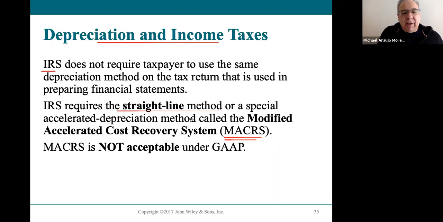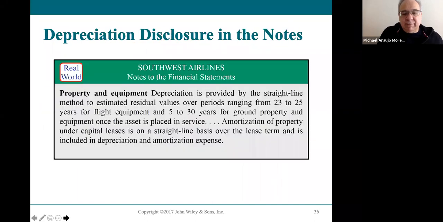Straight line method is perfect under GAAP. MACRS is not. So I think that's another reason why they use straight line. Okay, it's simple. It helps them with their taxes for those that continue to use it. I think it's just clear.